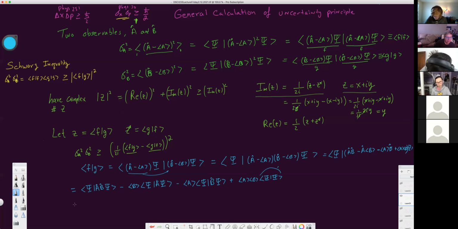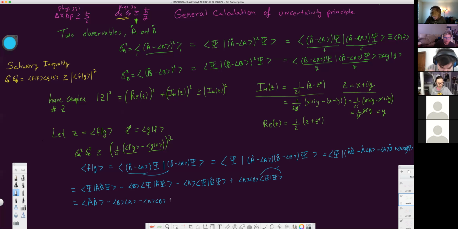So what do I have? I'm going to write this now in terms of expectation value notation. So the expectation value of AB. And then I have minus expectation value of B, expectation value of A. And then I have minus expectation value of A, expectation value of B. And I can combine these terms in a minute.